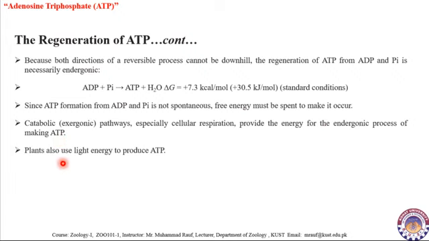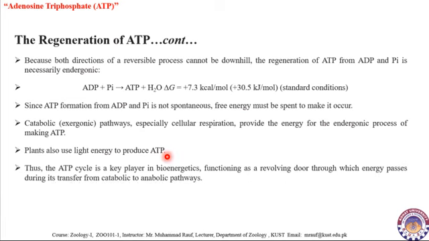Plants also use light energy to produce ATP. Thus, the ATP cycle is a key player in bioenergetics, functioning as a revolving door. I hope you know about the revolving door through which energy passes during its transfer from catabolic to anabolic pathways.